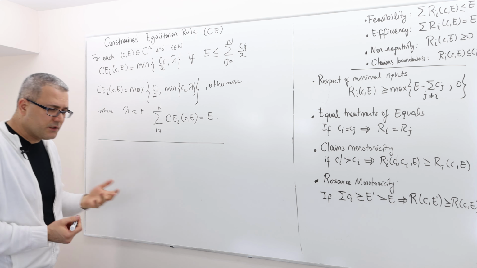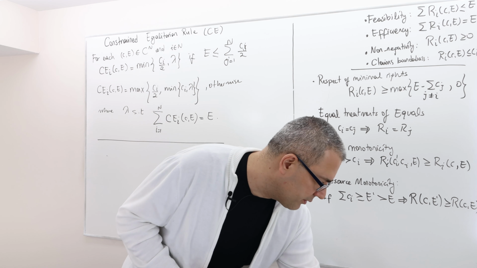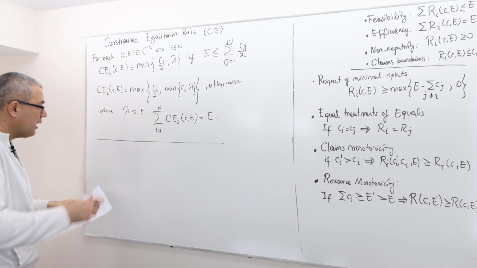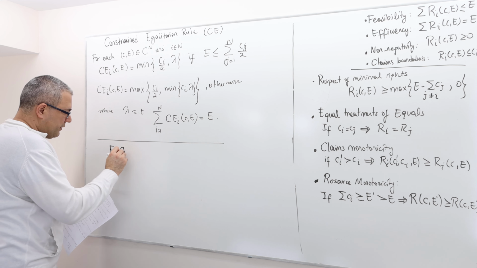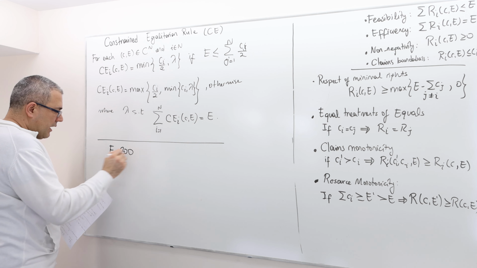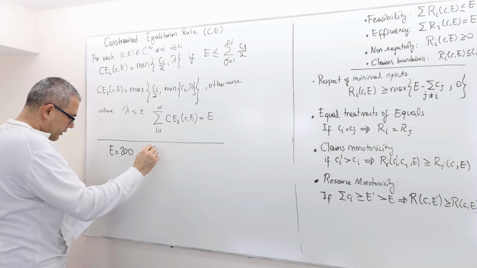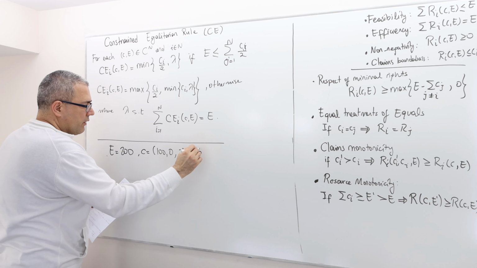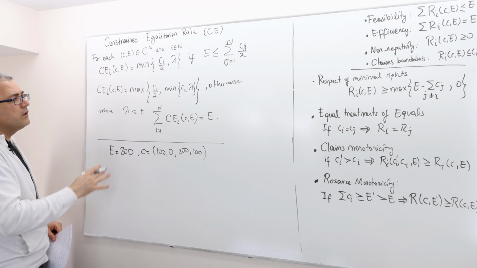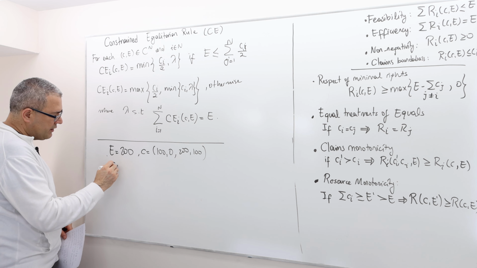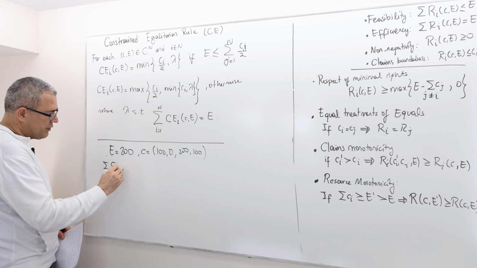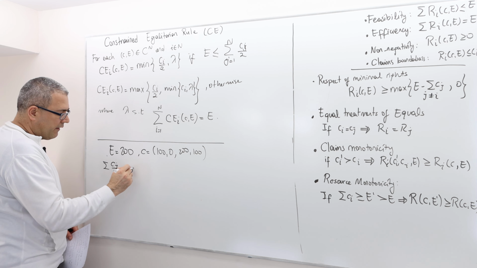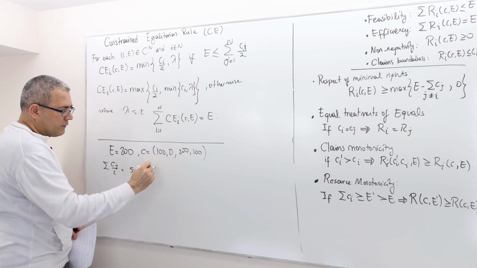All right, well, let's look at one simple example. The surplus to be distributed is 200, and the claim vector I'm going to be working on, the same one, is 100, 0, 200, 0. Okay, well, when you look at this sum of c_j divided by 2, what do we get? Well, I have 50 plus 0 plus 100, right?